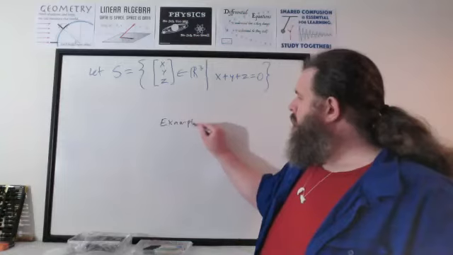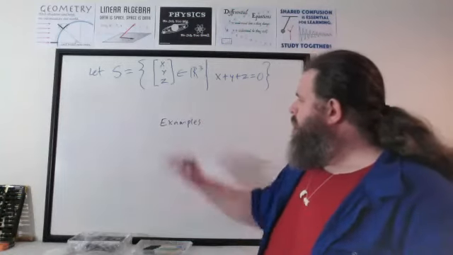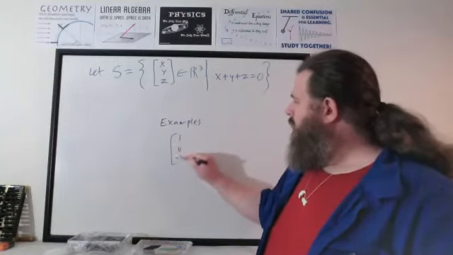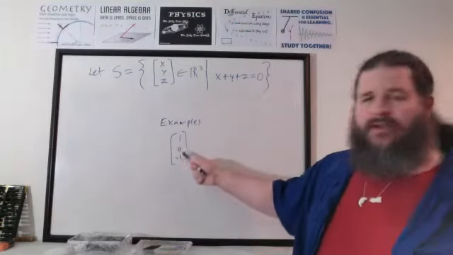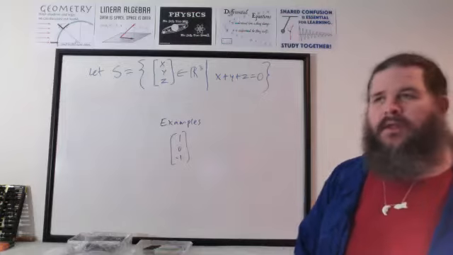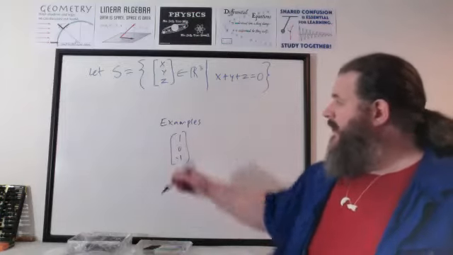One, 0, -1. Yeah. The vector 1, 0, -1. That definitely makes it true that the X value plus the Y value plus the Z value equals 0. So that means this is a member of set S.